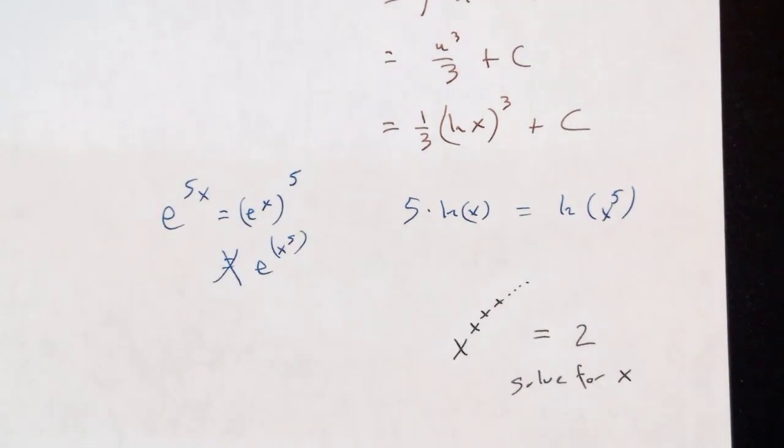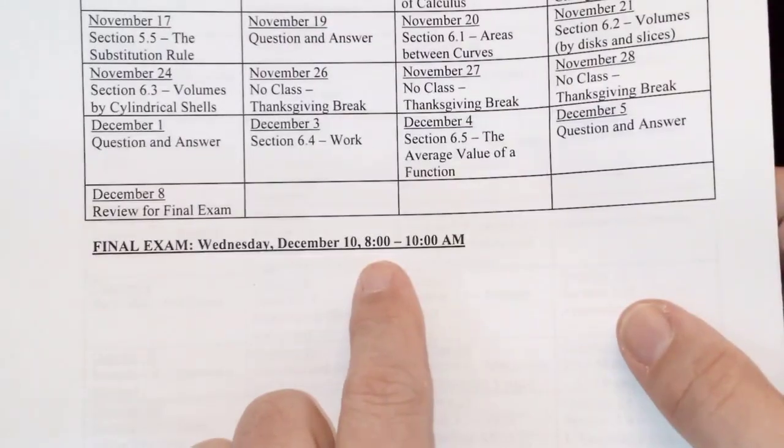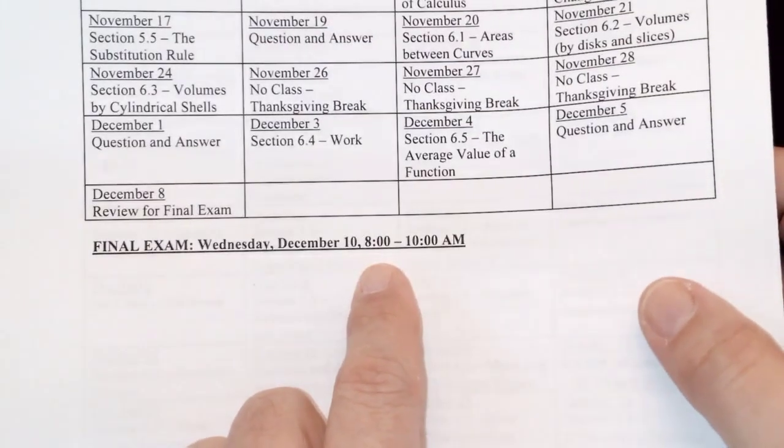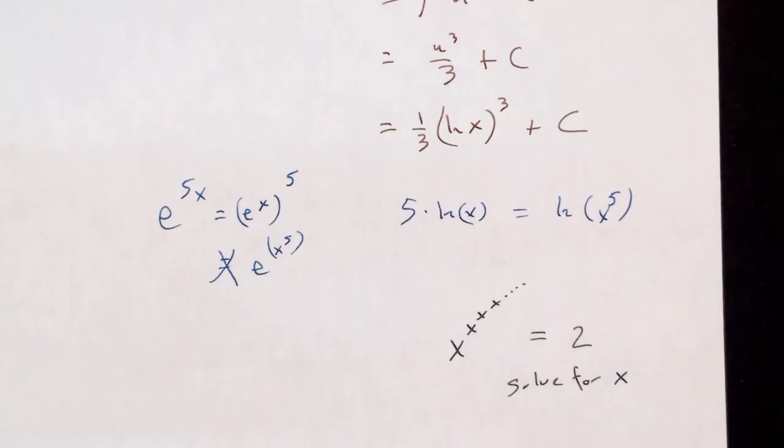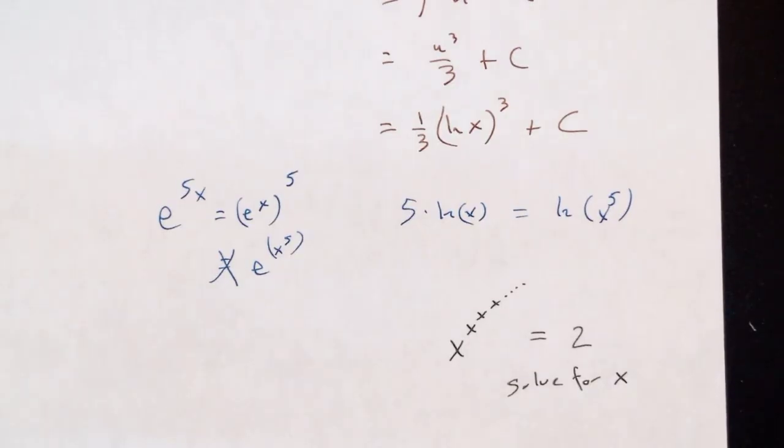Our final is scheduled for bright and early, I think. Yeah. When in doubt, check the schedule. Wednesday the 10th, 8 a.m. I've had an 8 a.m. final every year. Don't feel bad. It used to be Friday at 8.